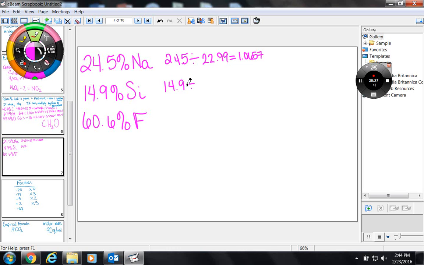Then 29.9 divided by 28.09 gives 1.06. And you have 60.6 divided by 19.